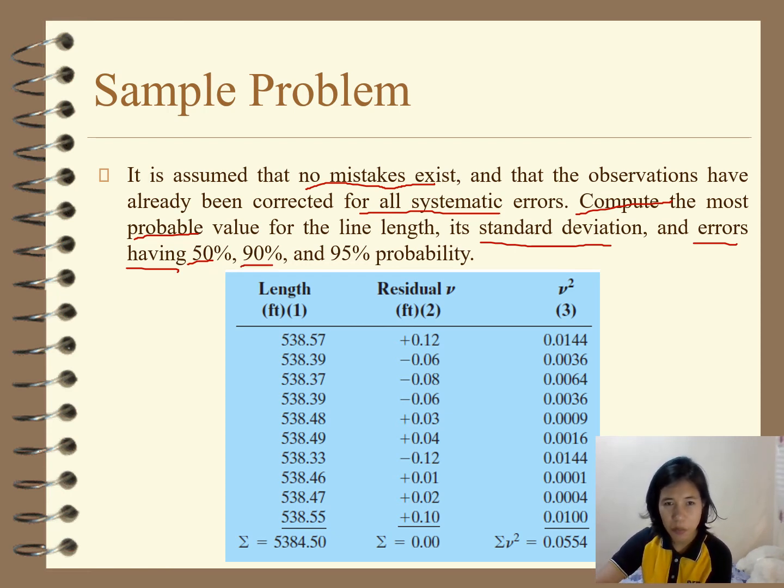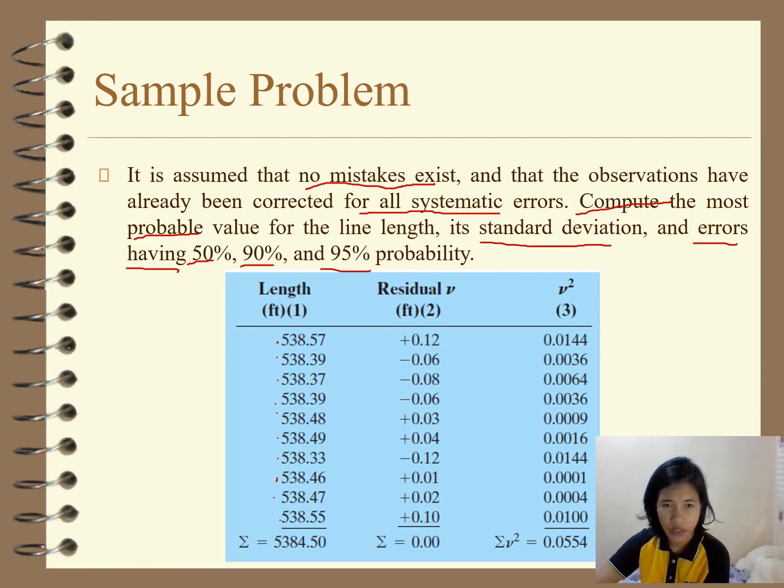We also have the 90% and the 95% probability. Okay? If you see, he measured the length several times: 1, 2, 3, 4, 5, 6, 7, 8, 9, 10. So, he repeated measuring the line 10 times.